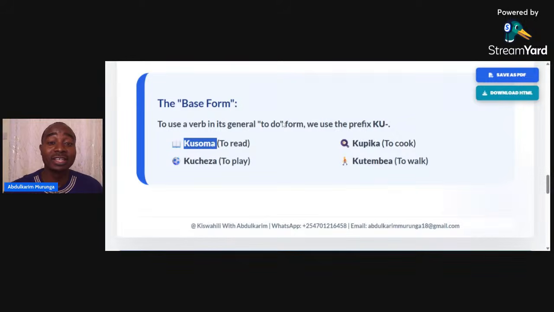Kusoma is to read. Kupika, to cook. Kucheza, to play. Kutembea, to walk.